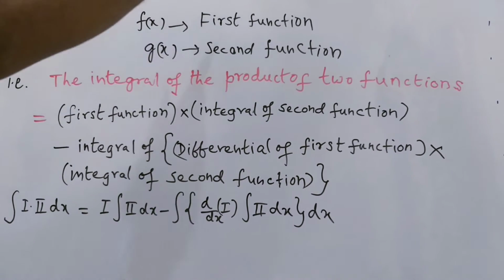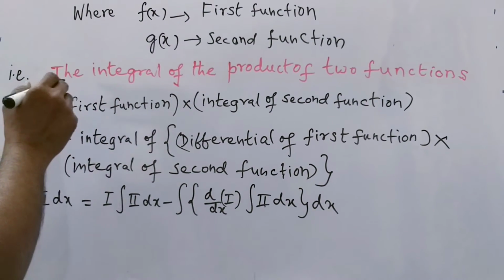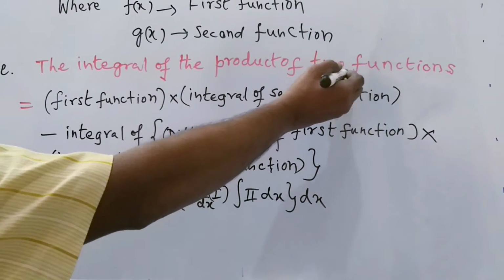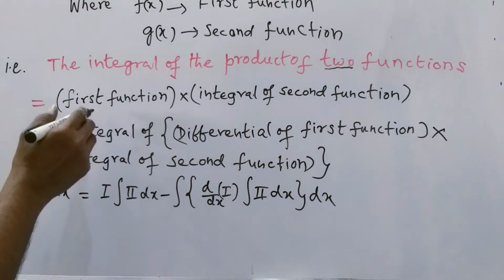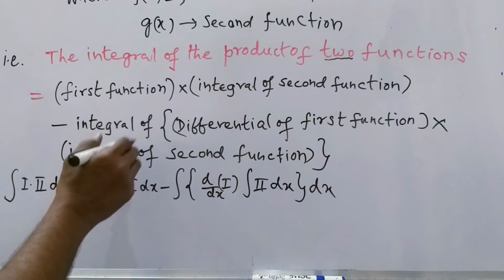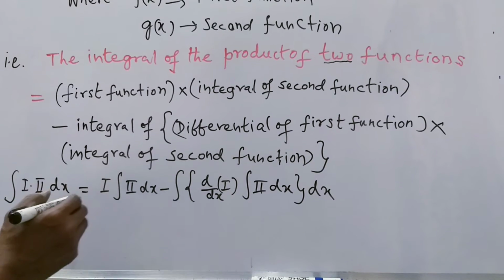So all this formula structure can be written in other words also, in words. The integral of the product of two functions is equal to first function into integral of second function minus integral of differential of first function into integral of second function.